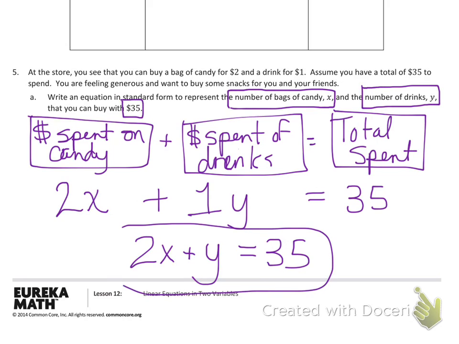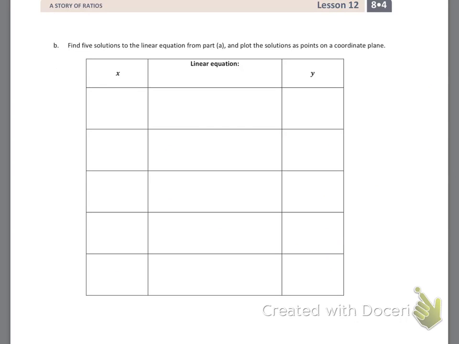And all the XY combinations that fit that will tell me how many bags of candy and drinks that I can buy for $35. Okay, so let's create a table for that equation. So my equation is 2x plus y is equal to 35.